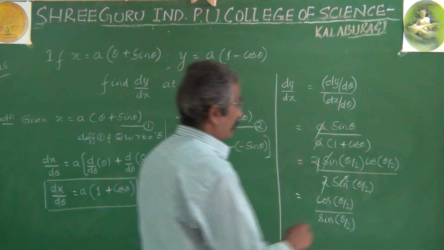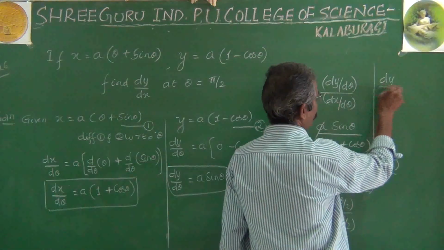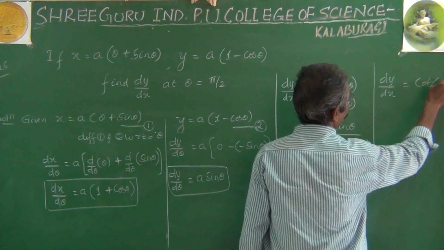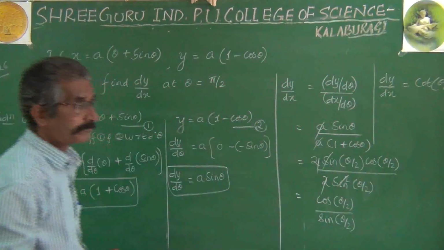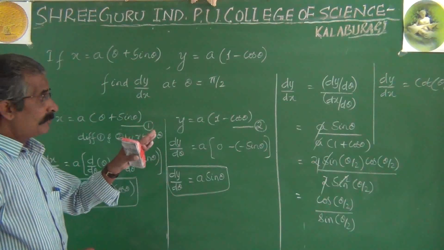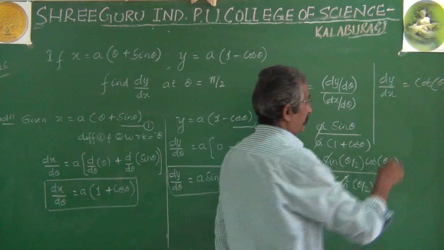And further, cos theta by 2 by sin theta by 2 is defined by cot theta by 2. So dy by dx equal to cot of theta by 2. Now this value we have to calculate at theta equal to pi by 2.